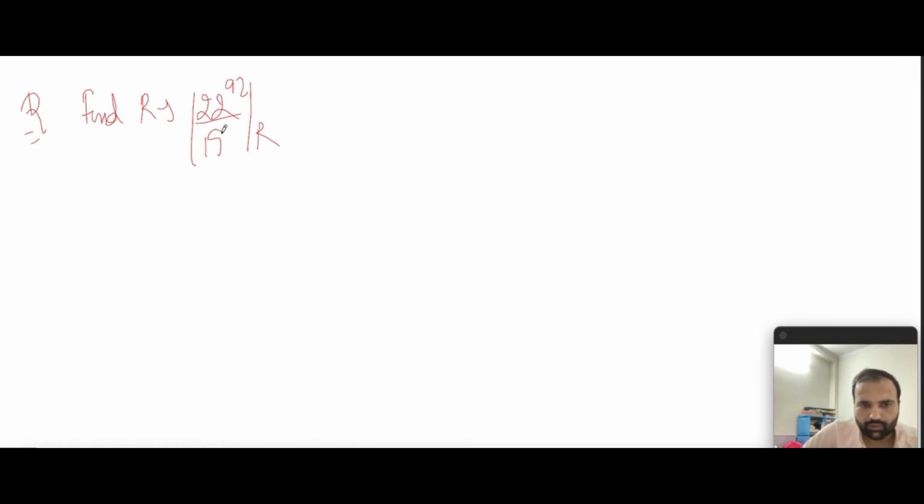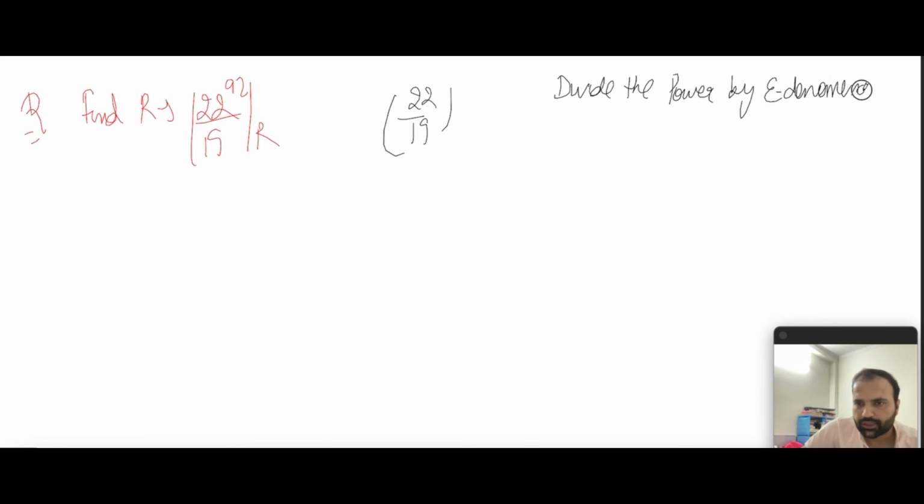In such questions, 22 by 19 is one number we consider, and then the power that has been given, we have to divide it by the Euler of the denominator. Always remember that: divide the power by the Euler of the denominator. Over here 19 is our denominator, so the Euler number of 19 will be 18.